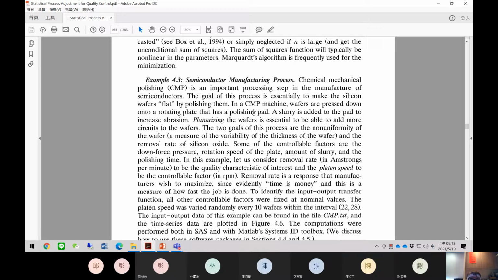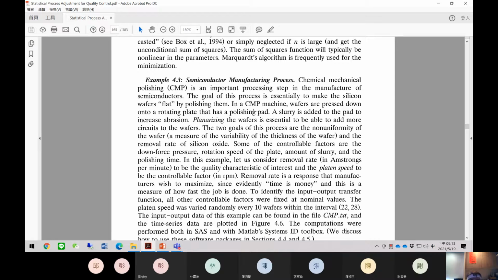A slurry is added to the pad in the meantime. It's really a sticky liquid that is dropped to increase abrasion. Planarizing the wafers is of critical essence to be able to add more circuits to the surface of the wafer.